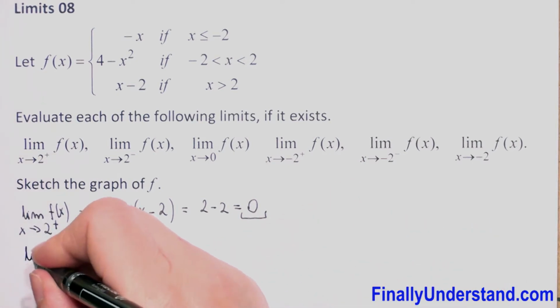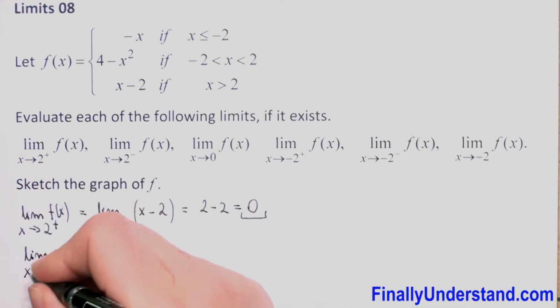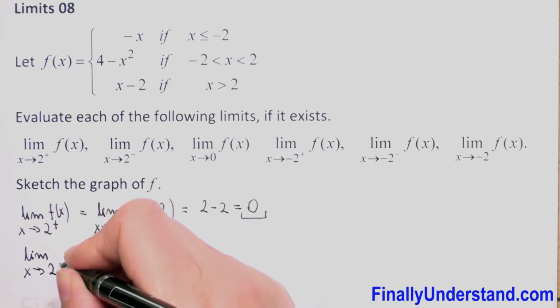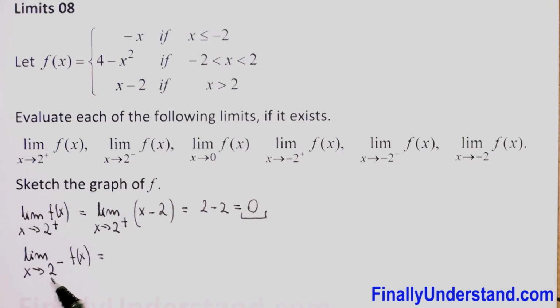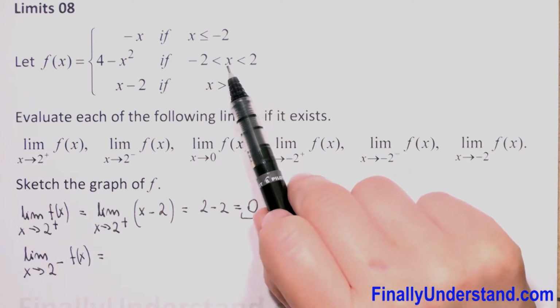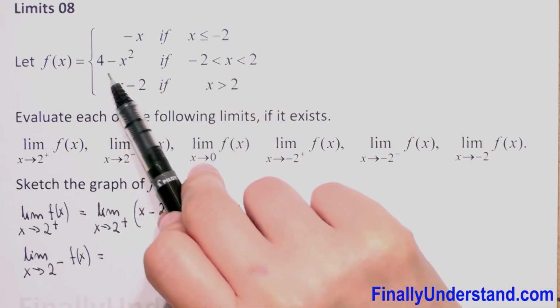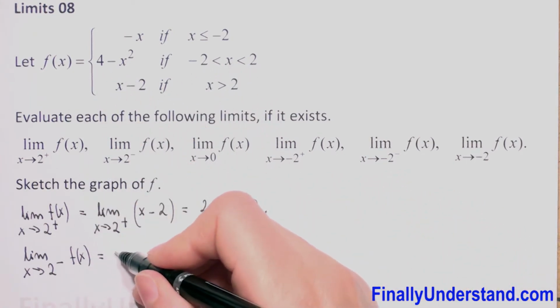Next, we have to find the limit as x approaches 2 from the left side of f(x). X approaches 2 from the left side, so it means the value must be less than 2. We have values less than 2 for this part of our function.